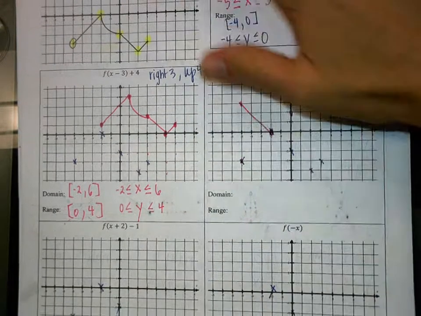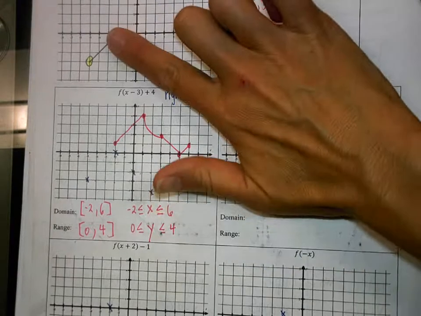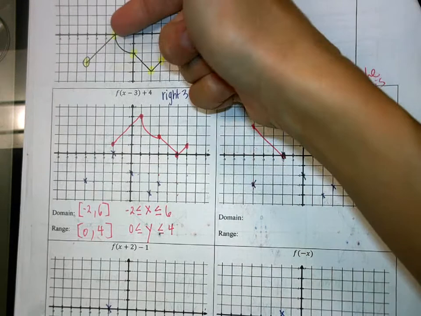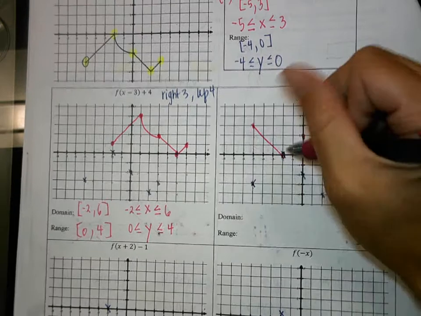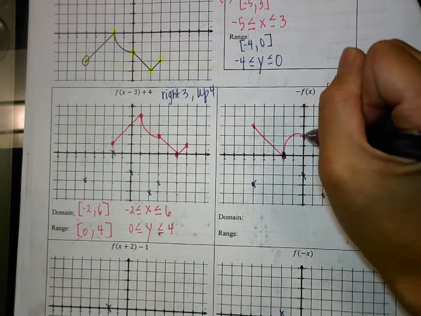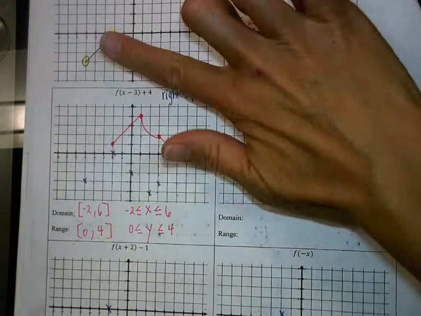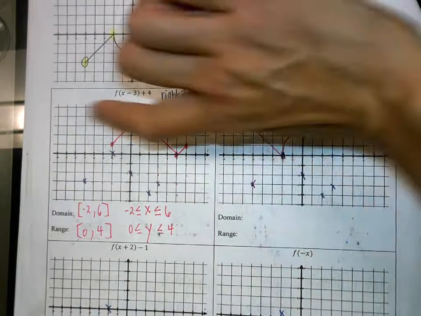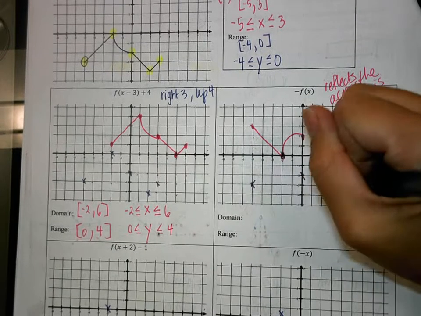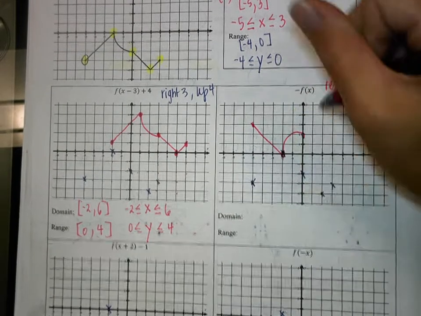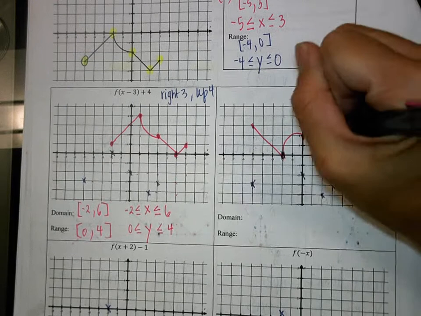So if you look at this original function, if this is reflecting over the x-axis, that curve is going to end up going like that. So you need to think about what it's going to look like when it's flipping. Okay? And then this one here, it's at -4, so that's going to be up to +4.